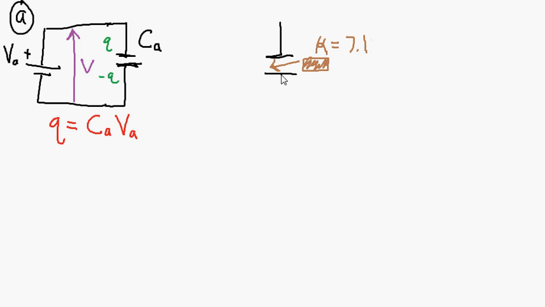Let's call this step B. We want to find, first of all, how that changes the capacitance, CB, and then we need to figure out what the voltage is afterwards, and that's going to be VB, the voltage difference between here and here.